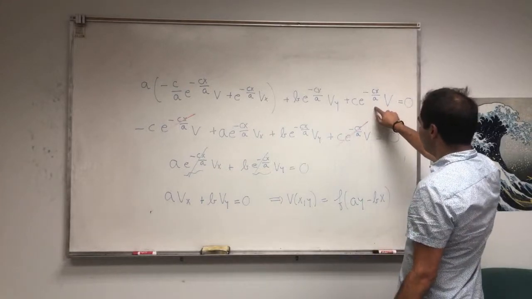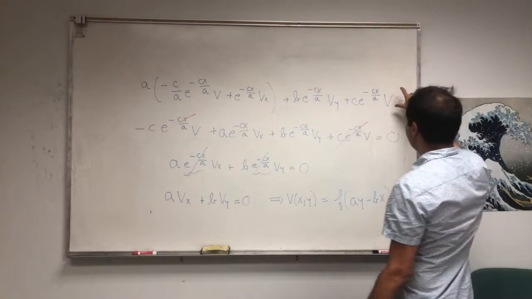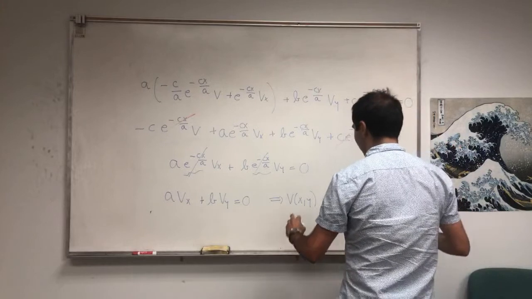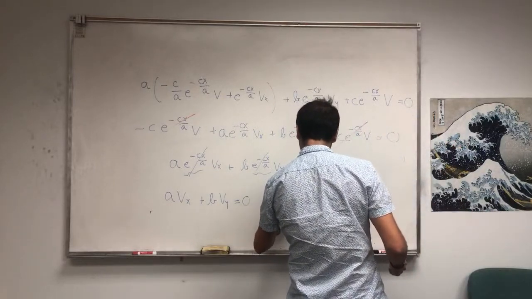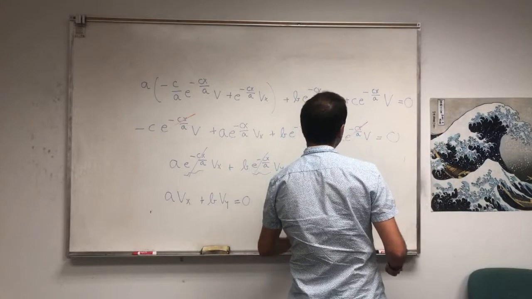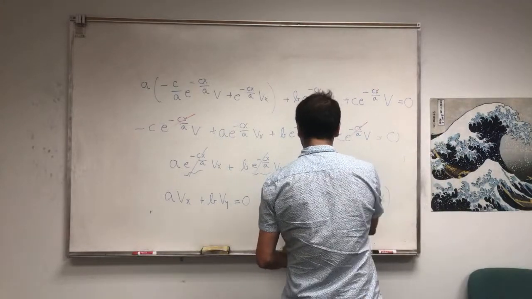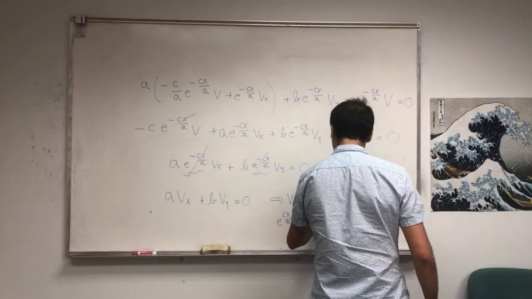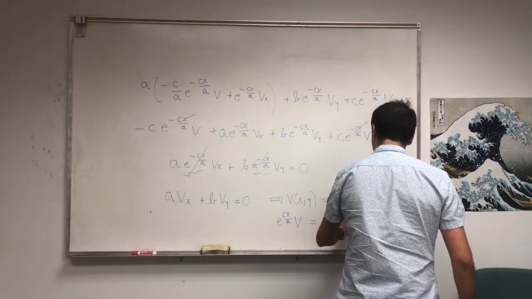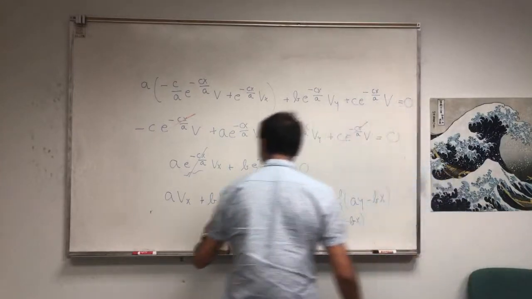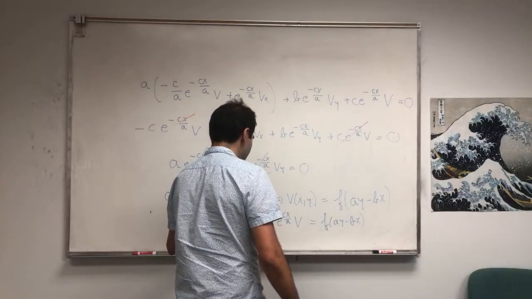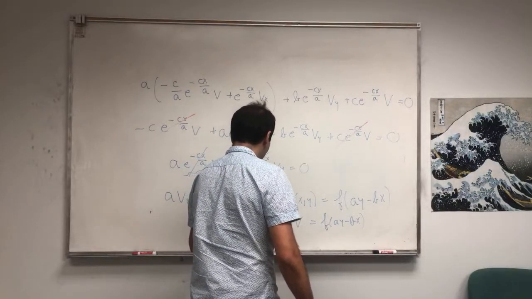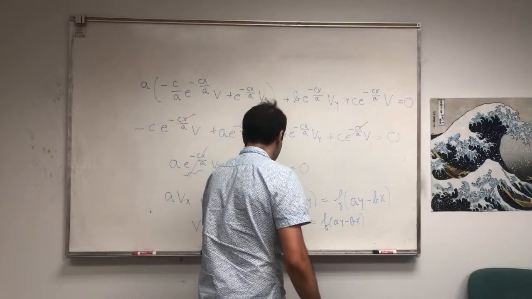But what was v? I believe v was e to the cx over a u. So then u is e to the minus cx over a times v, and we're left with u being e to the minus cx over a, f of ay minus bx.